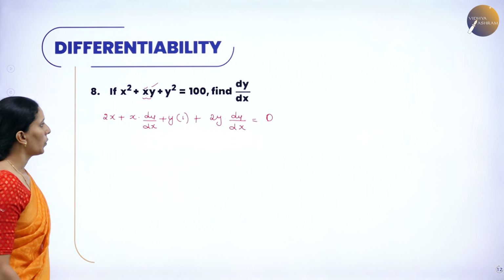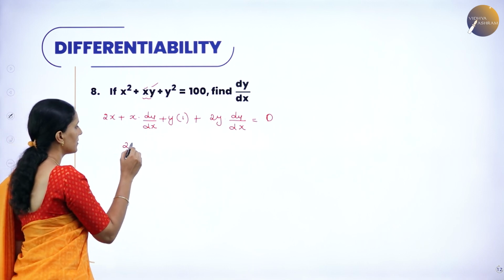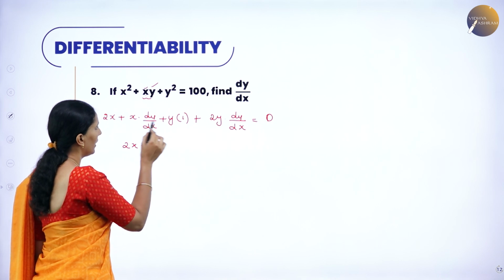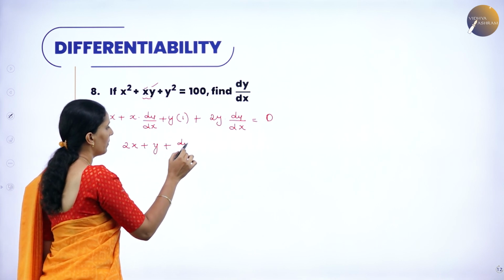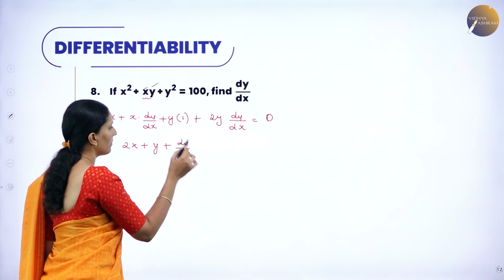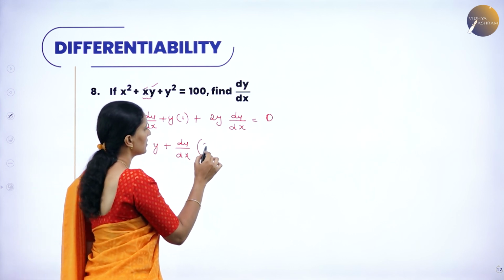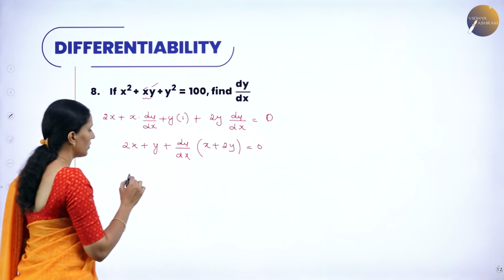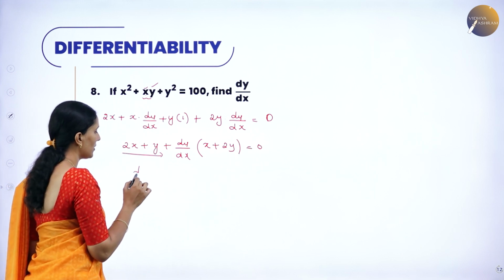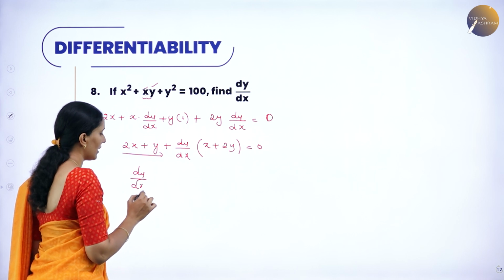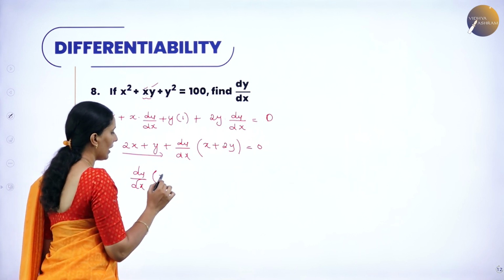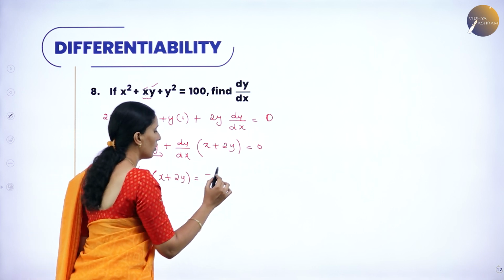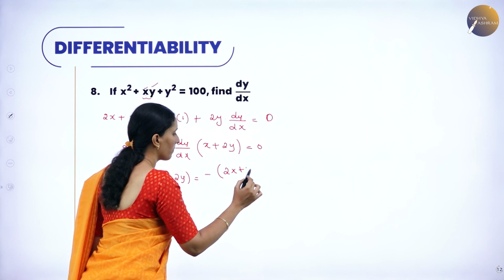So now here we have 2x and plus y separately. Take dy by dx as a common factor. So when you take dy by dx as a common factor, here it becomes x plus 2y is equal to 0. Shift the function towards that side. So we can write dy by dx (x + 2y) is equal to, we can take minus of (2x + y).